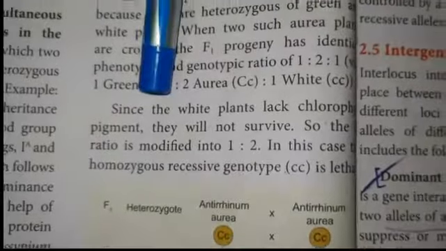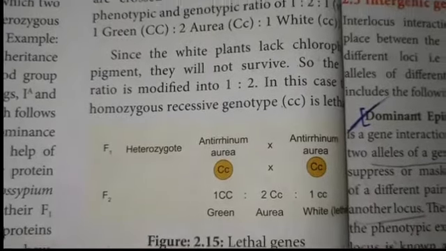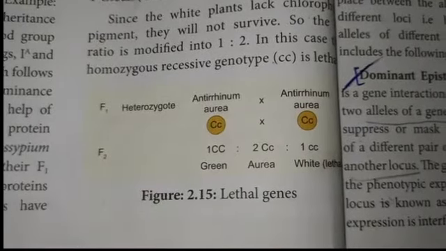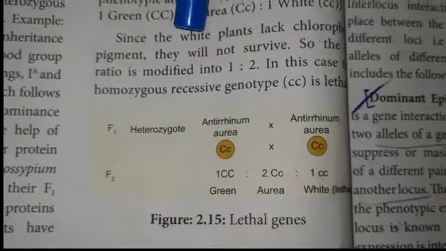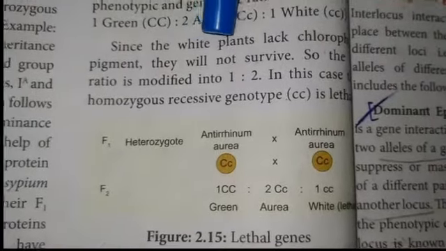So the white plant, which lacks chlorophyll, is unable to survive due to the lack of the green pigment. So these plants are unable to survive due to the double recessive lethal gene.